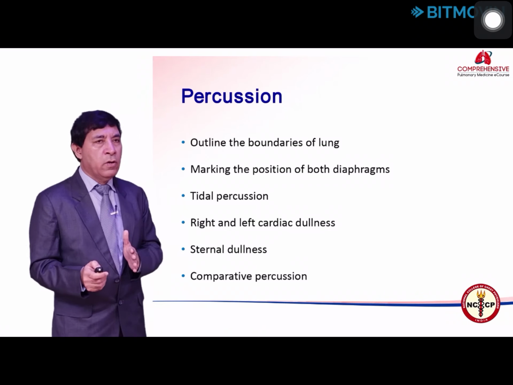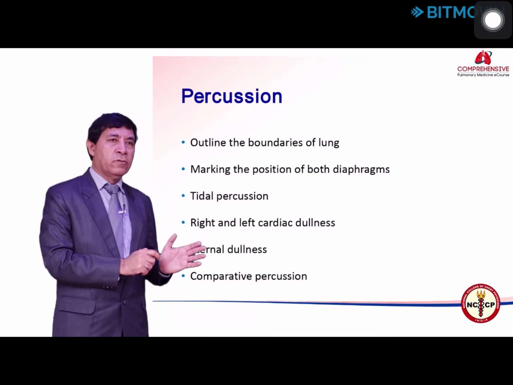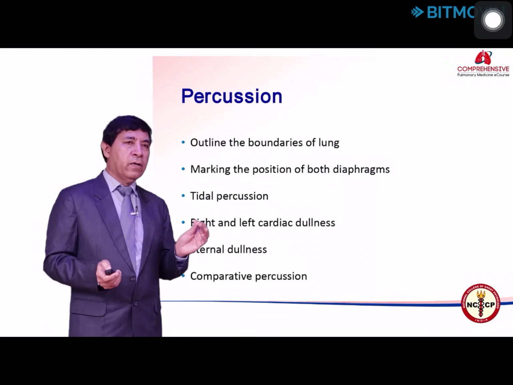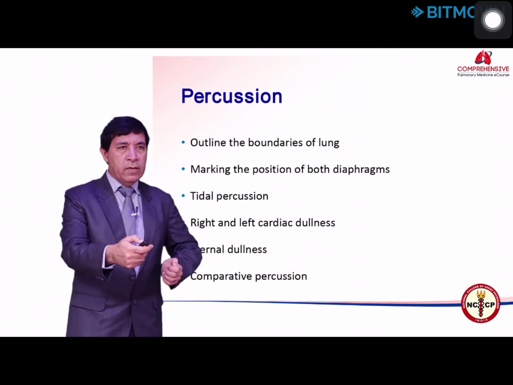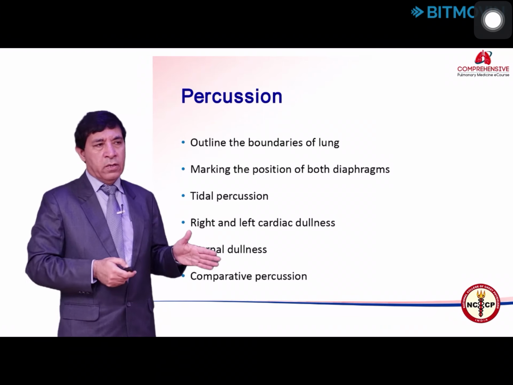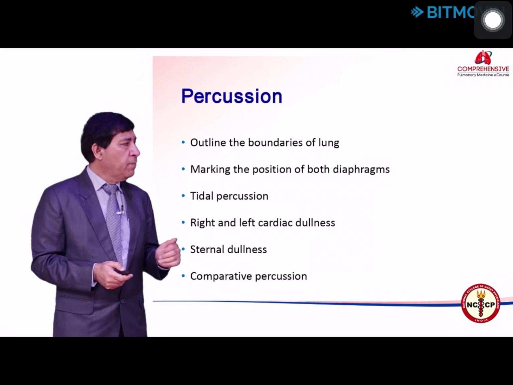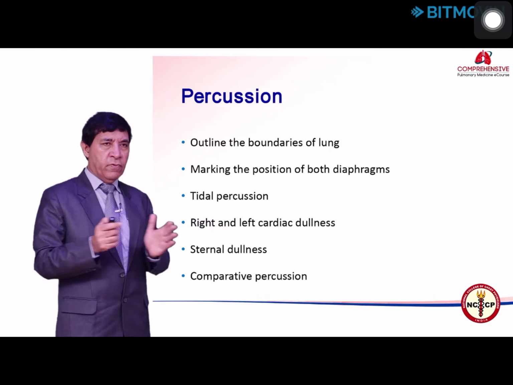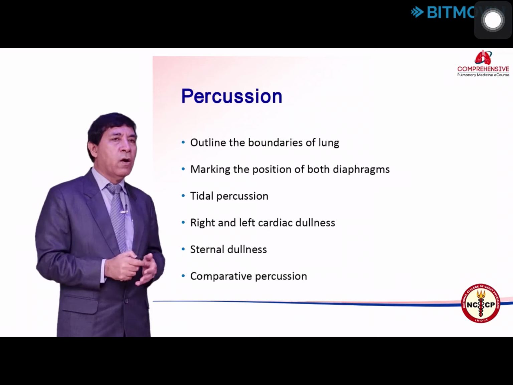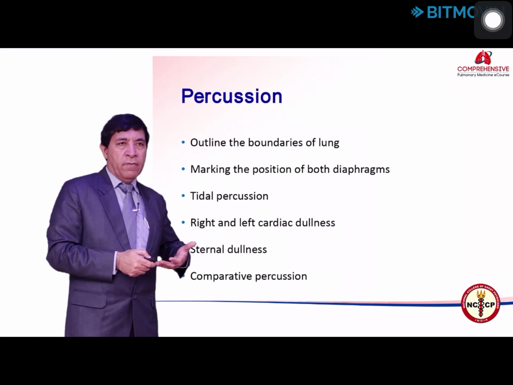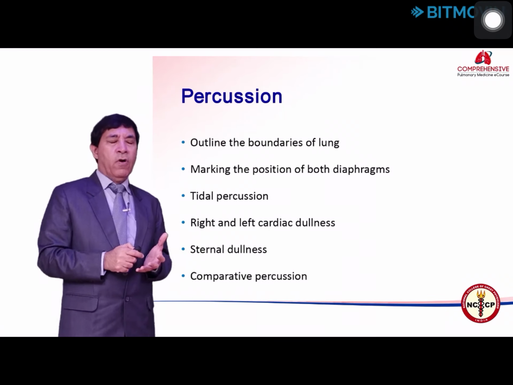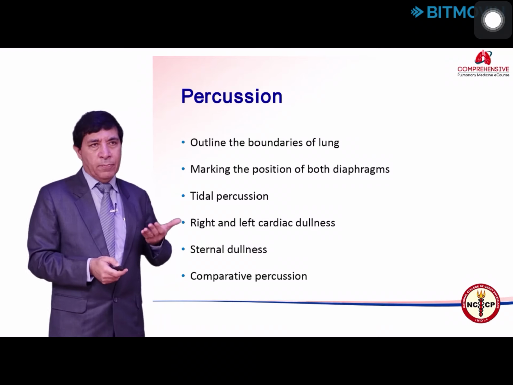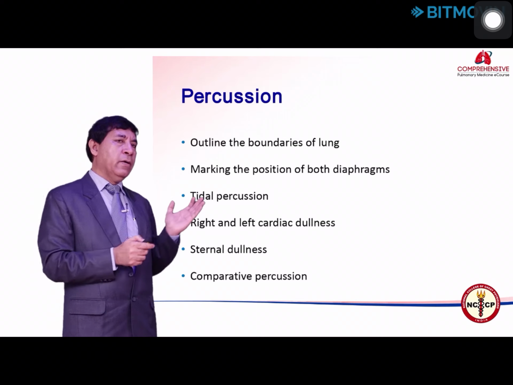So, you look for the left cardiac border and also for the right cardiac border, which is about 1.5 centimeter lateral to the mid-sternal point, and the left cardiac border is where you actually have the apex beat. If there is a gross shift either leftward or rightward or upward and downward, that is because whenever there is a loss of volume on that side, the diaphragm goes up. So, the position of the apex beat and dullness will also go up and laterally.